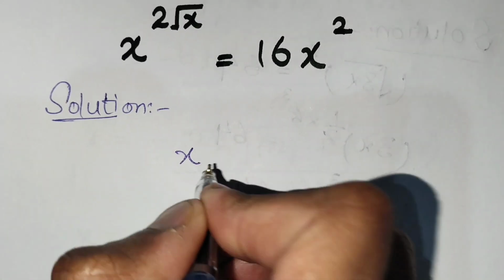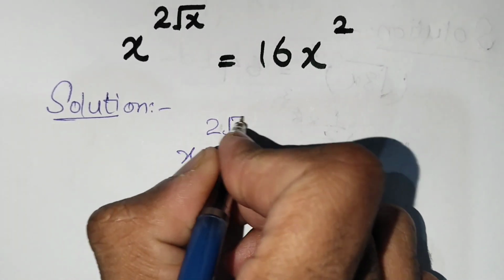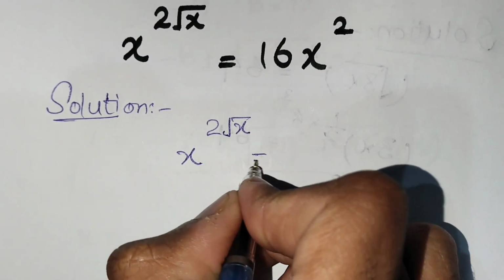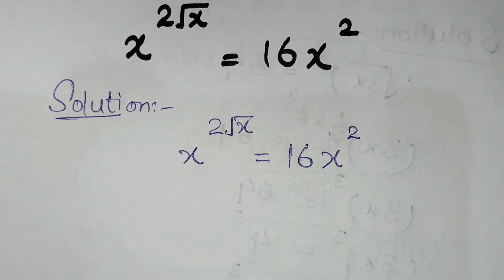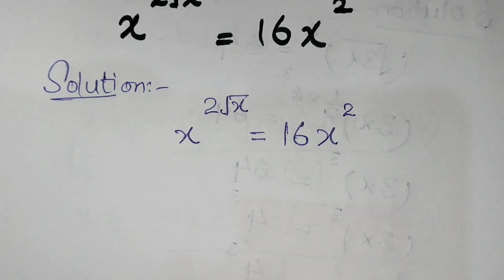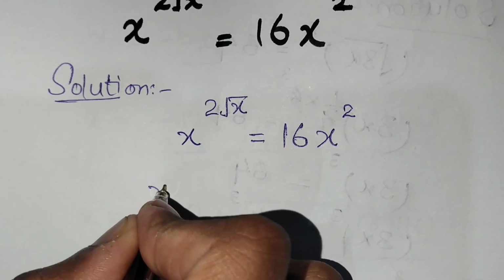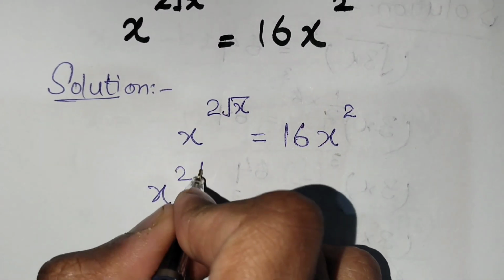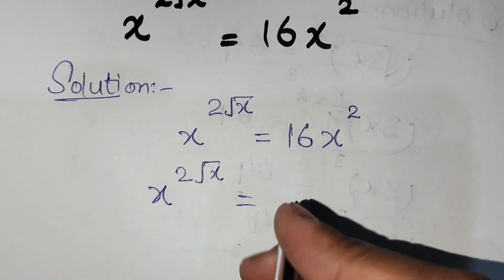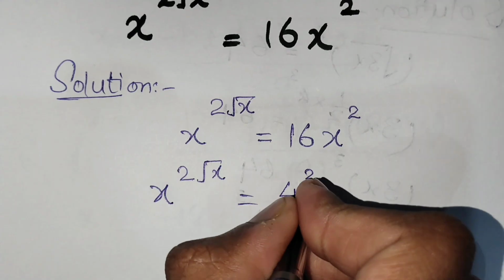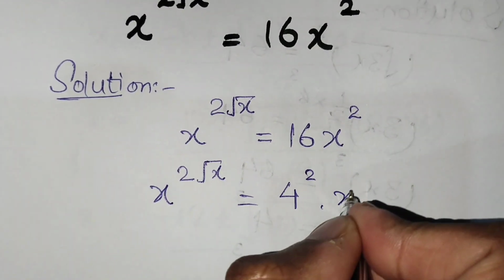We have x raised to the power 2 times square root of x is equal to 16 times x square. Now we can solve it. We know that 16 is equal to 4 square times x square.